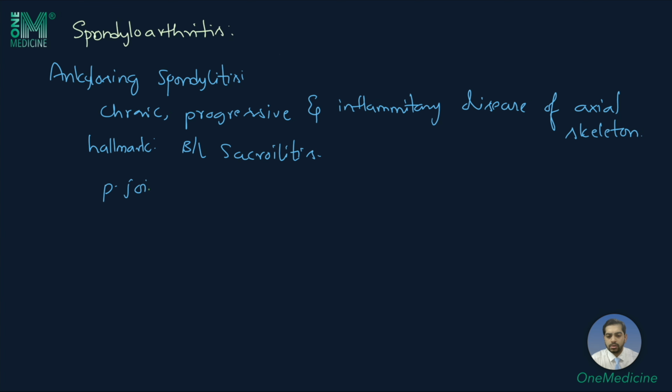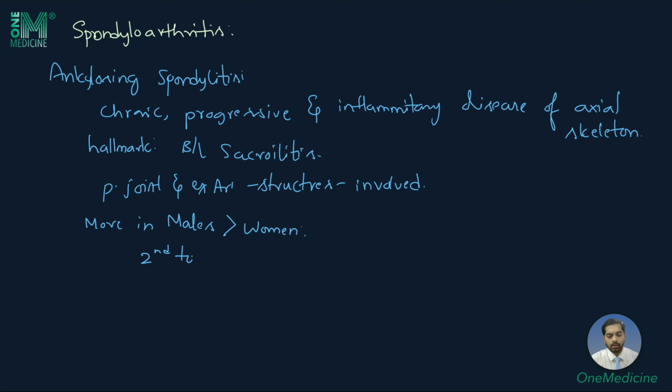Peripheral joints and extra-articular structures are also sometimes involved, and it is present more commonly in men than in women, and the usual age of presentation is second to third decade of life. These patients show strong association with HLA B27.